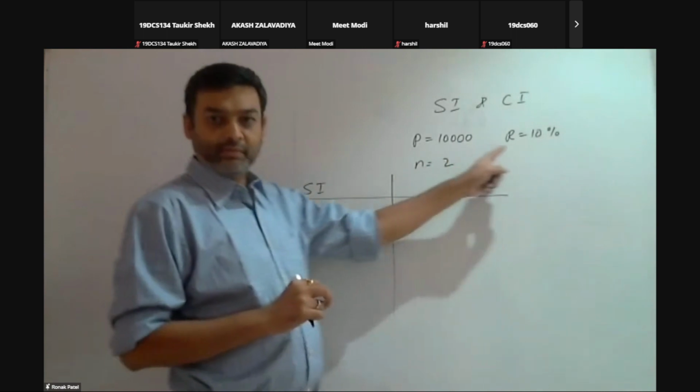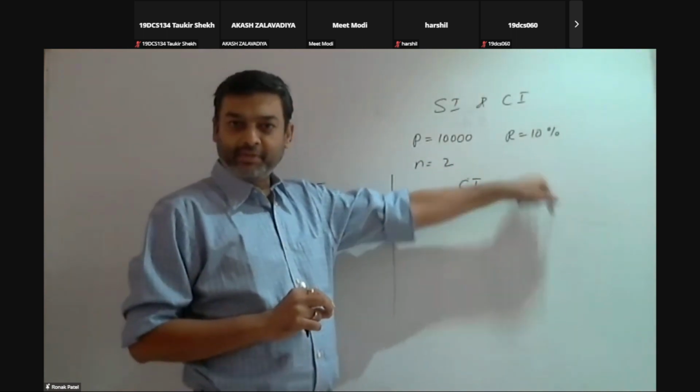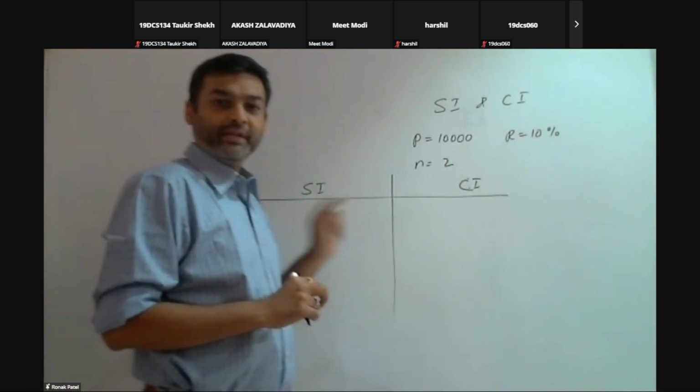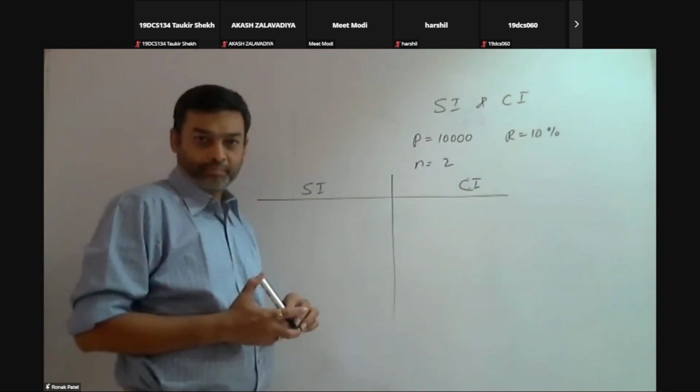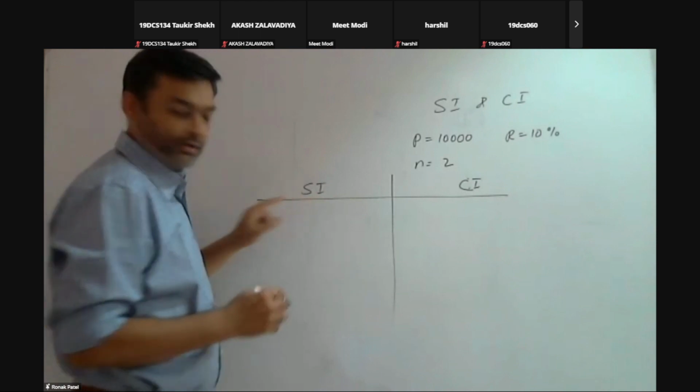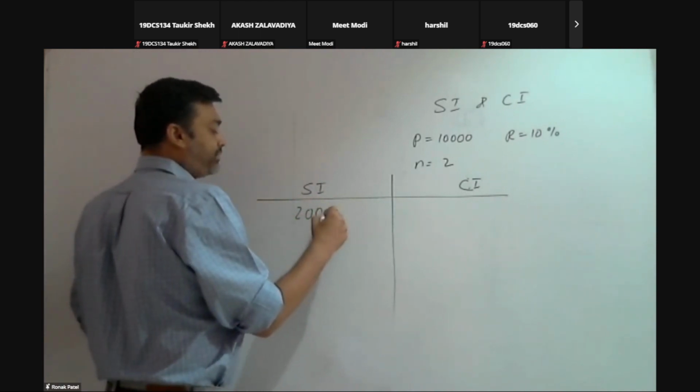Principal is 10,000 and the rate of interest is 10%. I want 2 years simple interest as well as compound interest. 2,000. Simple interest is 2,000. Okay. Compound interest.